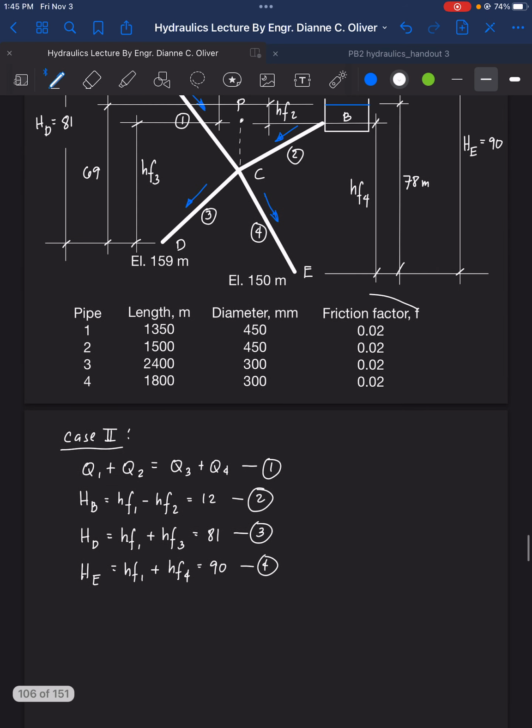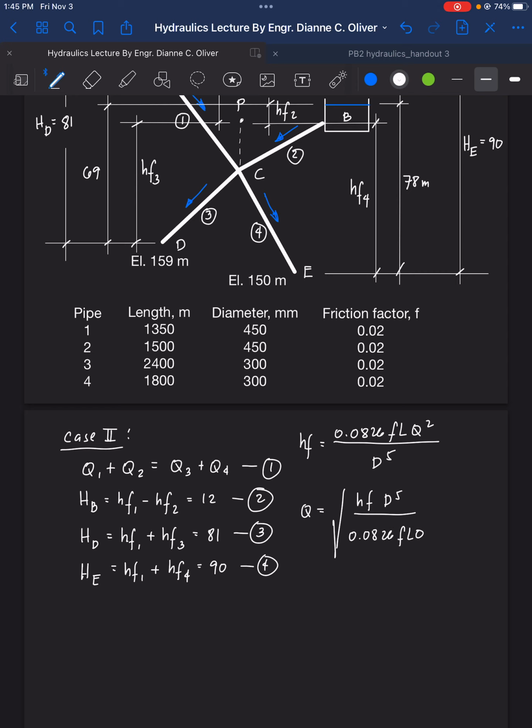Since we're using friction factor F, our HF is equal to 0.0826 FLQ squared all over D raised to 5. And we will be using Q is equal to the square root of HF D raised to 5 over 0.0826 FL.